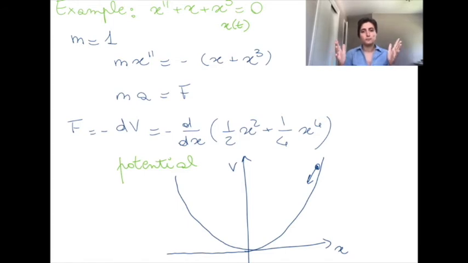So we can understand the solution of our full example by looking at the potential V and understanding that a particle on this potential would travel down this parabola-shaped potential and oscillate around zero. We don't have a precise formula for this oscillation, but we can still understand it.